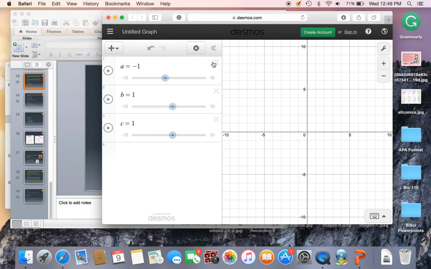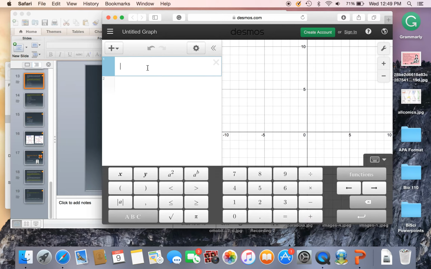Well, actually, one last thing. We will examine how the vertex equation works. So y equals a times the quantity of x minus h squared plus k.